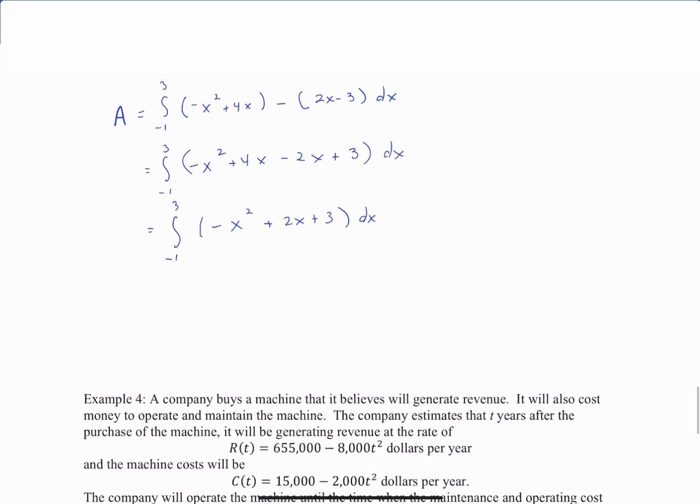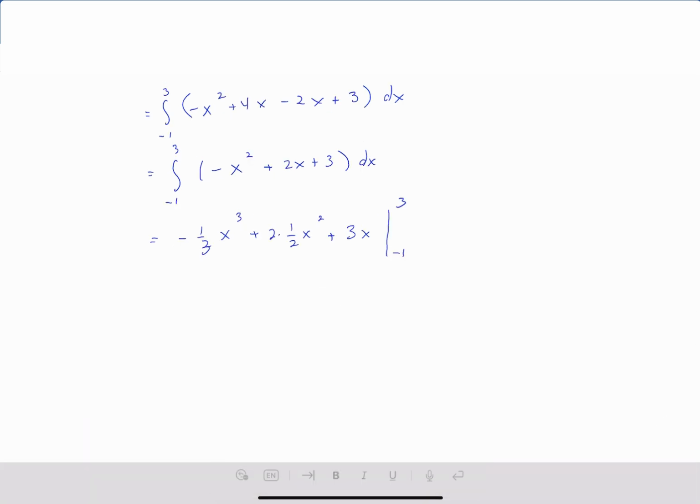So our antiderivatives are minus 1/3 x cubed plus 2 times 1/2 x squared plus 3x, going from negative 1 to 3. We can cancel the 2's in that middle term and have just an x squared.